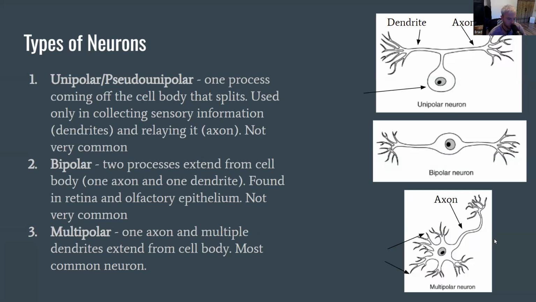The multipolar one is the most common because it allows multiple inputs from different sources in central processing, so the complexity of the system increases exponentially the more of these that you have. And the unipolar neurons are always found in ganglia.